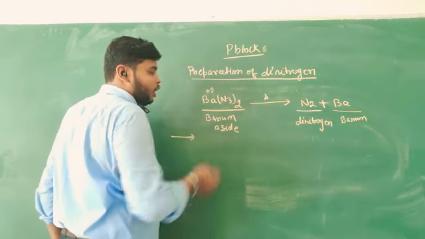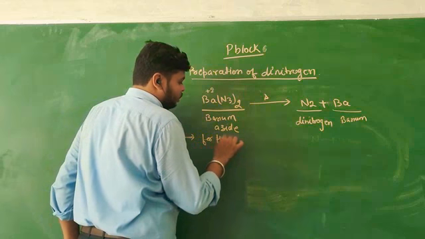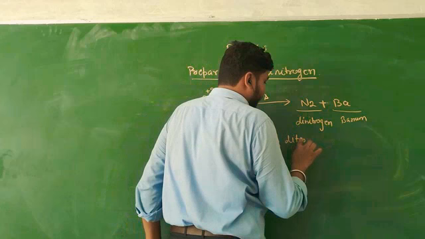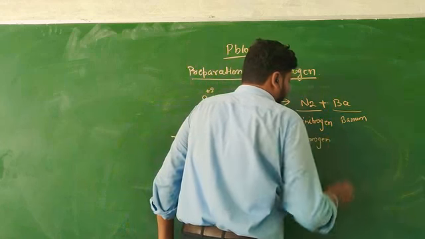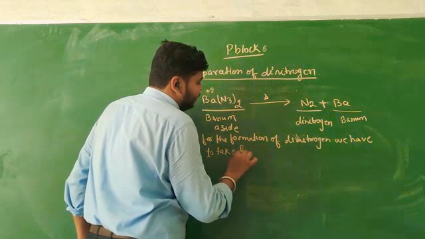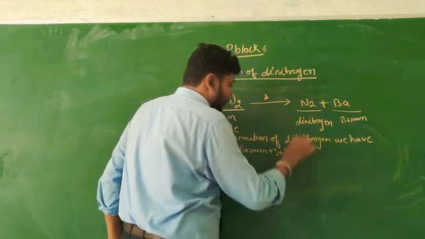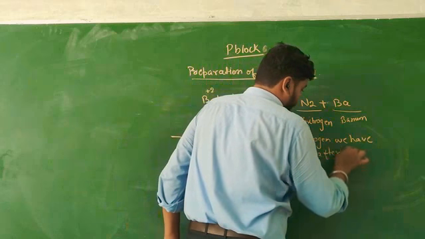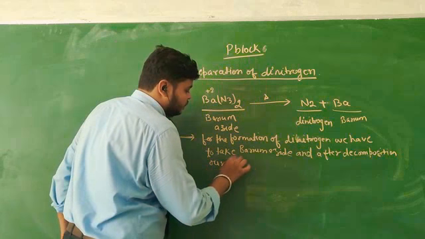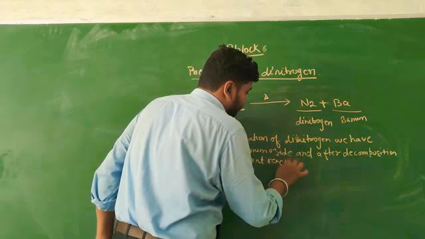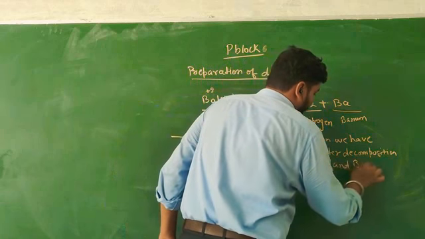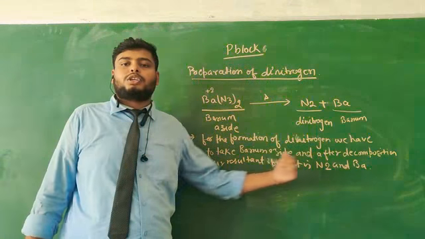If you write the summary of this reaction, for the formation of dinitrogen we have to take barium azide, and after decomposition the resulting products are N2 and barium. This is the preparation of dinitrogen.